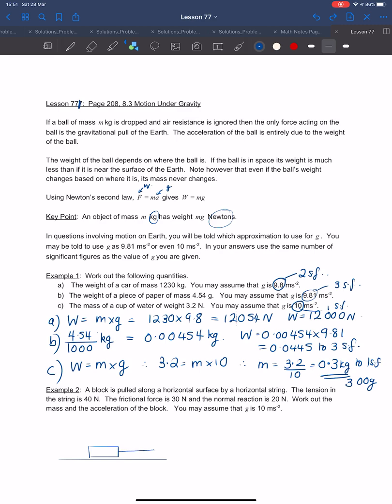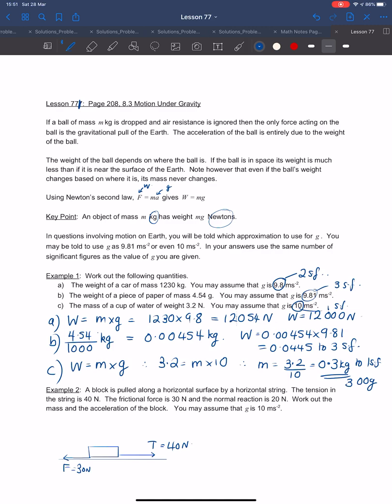Oh, straight across. Don't know what's going on there. Anyway, the string's being pulled there. Tension in the string is 40 newtons. Frictional force, which does actually want to be low down, is 30 newtons.